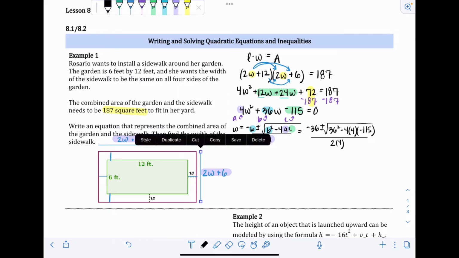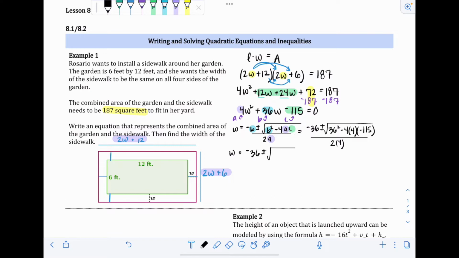So I'm going to bump this down to the next line. So w is equal to negative 36, and then plus or minus. For the inside of the radical, I can do 36 squared, which is 1,296. And then we have to be really careful with the signs whenever we're simplifying the inside of the radical. I've talked about it before, but I like to think of this minus sign as a negative that goes with the 4.